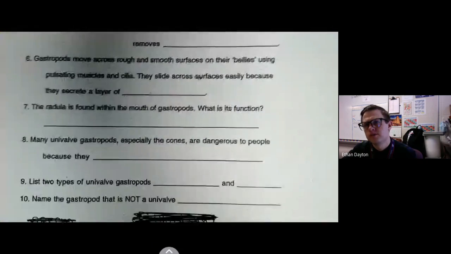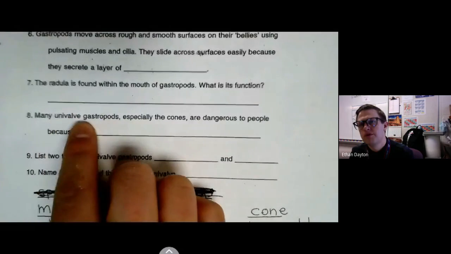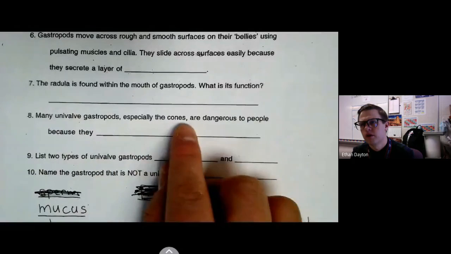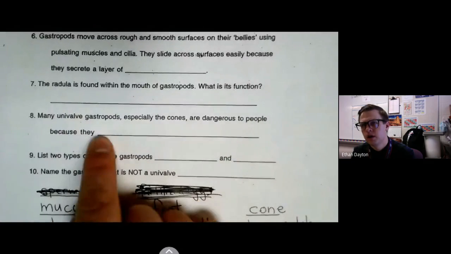Okay, number 8. Many univalve gastropods, especially the cones, are dangerous to people because they what?